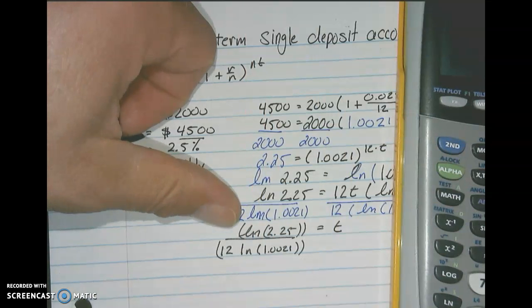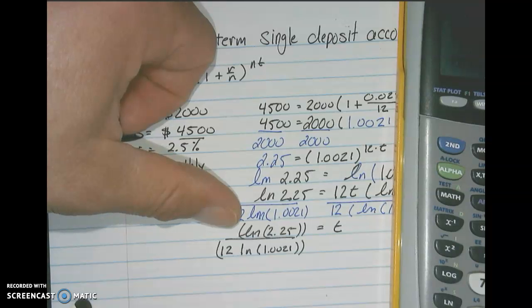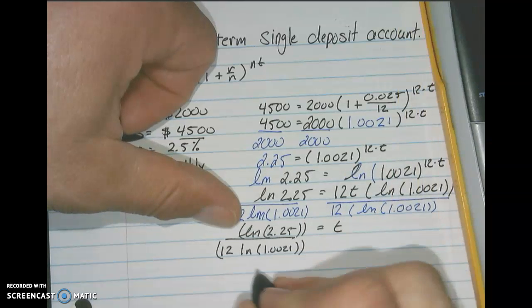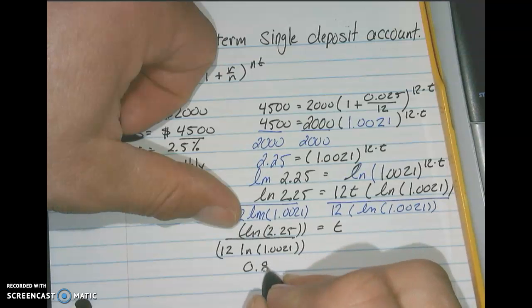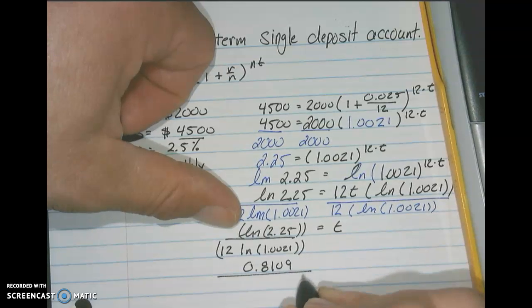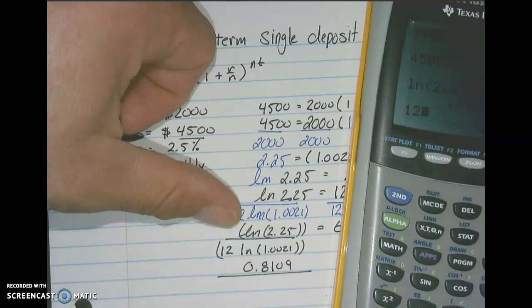So we're going to go natural log 2.25, and I'm just going to write that down as a decimal. And then I'm going to go with 12 times the natural log of 1.0021.